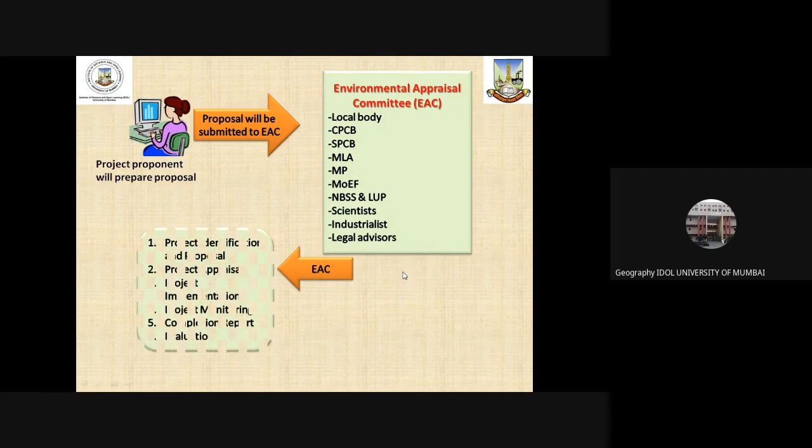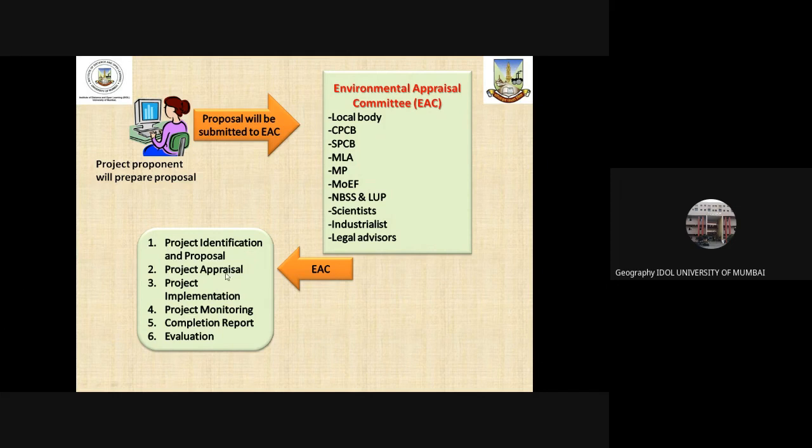Now, environmental impact assessment will evaluate the proposal in six particular stages: project identification and proposal, the details of the project and the identification of various aspects, mechanical aspects related to the project.